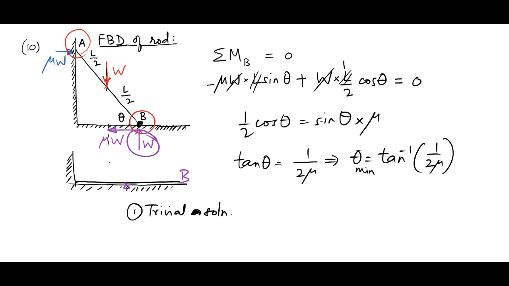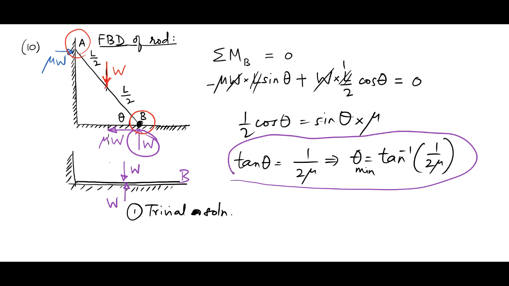It will simply be over here at the midpoint of the rod, and it will exactly balance the weight of the rod, which also acts at the midpoint. So because the FBD itself is different, we did not get theta equal to 0 in our answer over here. So that's the second reason, of course, why we are neglecting this particular case, is that the FBD is no longer valid.